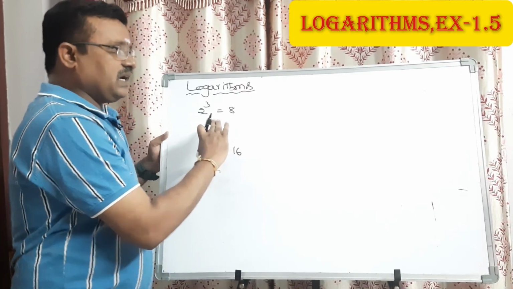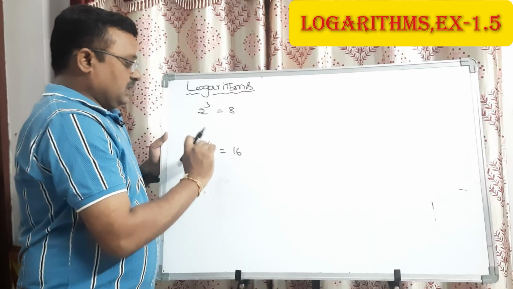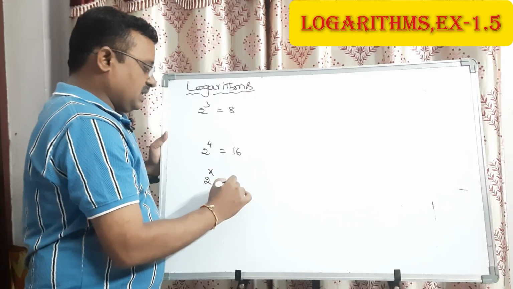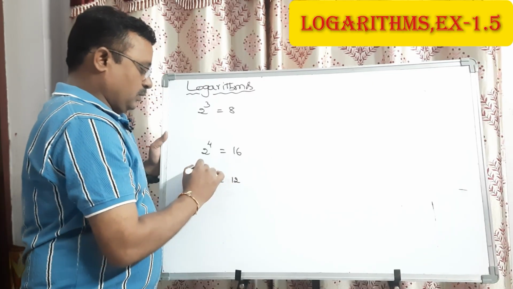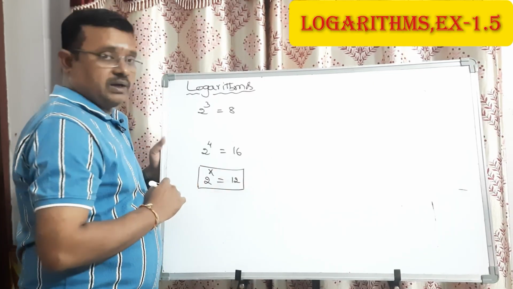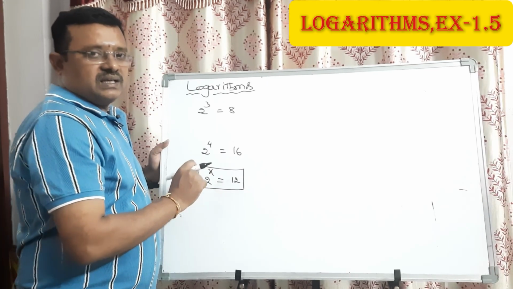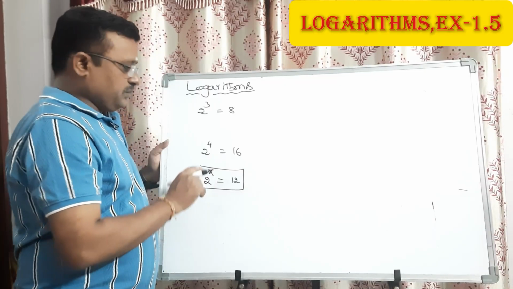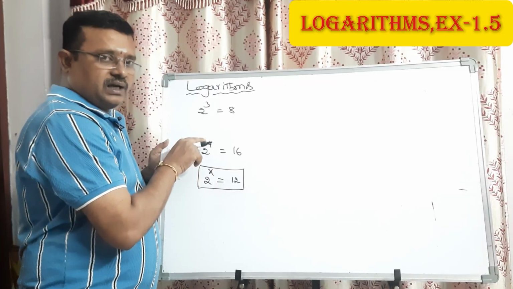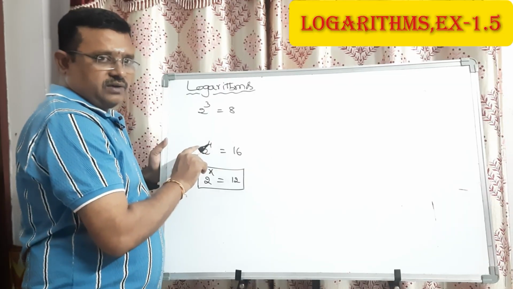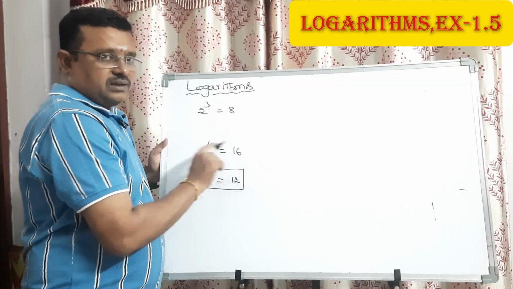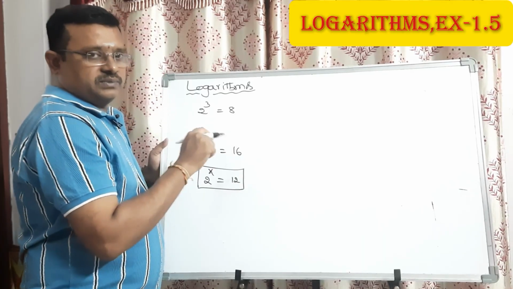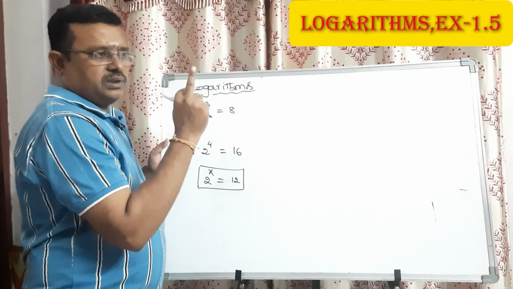In this kind of exponential form, if I ask you 2 power how much is equal to 12? It is a little bit difficult to tell the value directly, because if you know the base and power you will get the result. 2 power 4 means 2 multiplied with itself 4 times, 2 into 2 into 2 into 2.